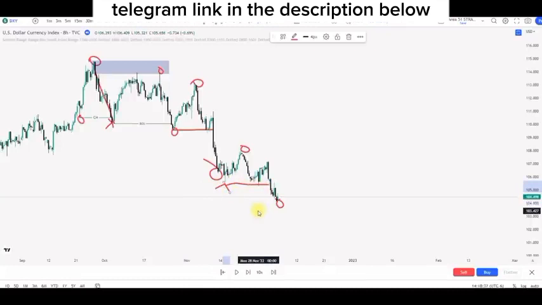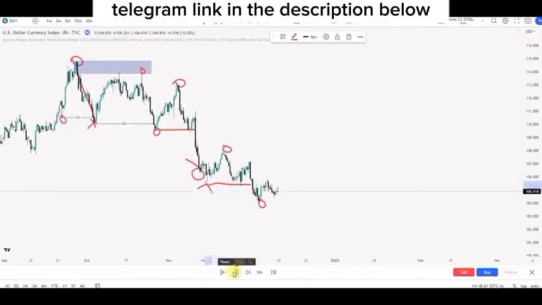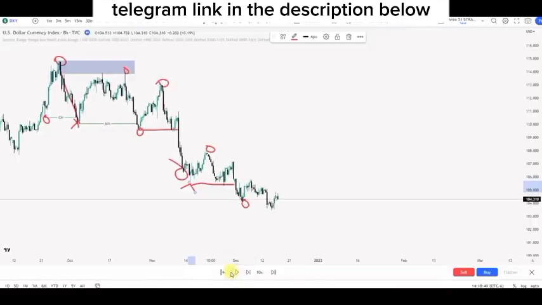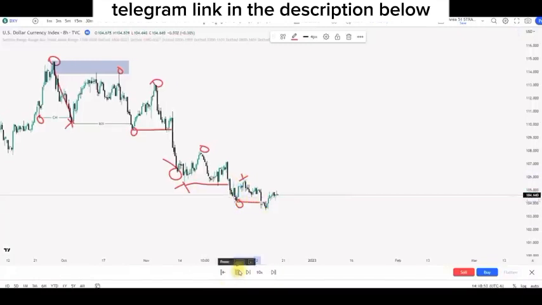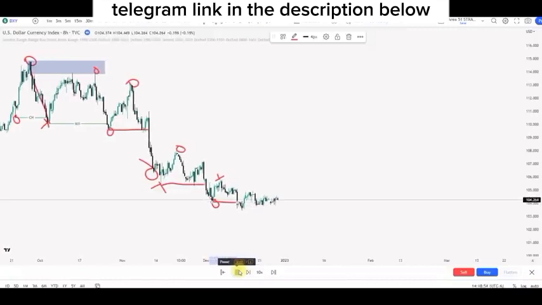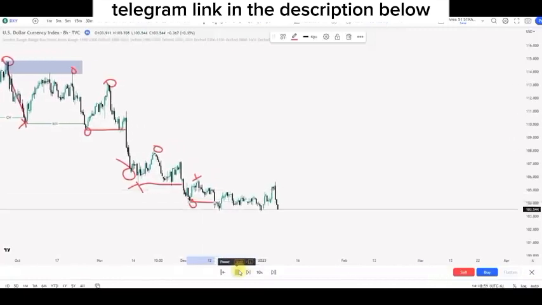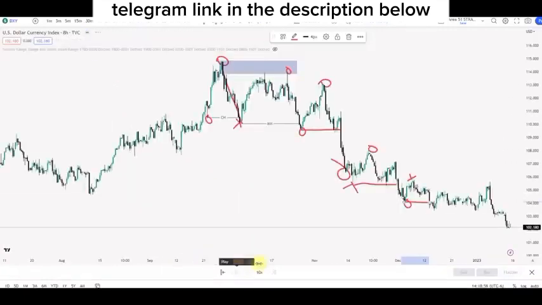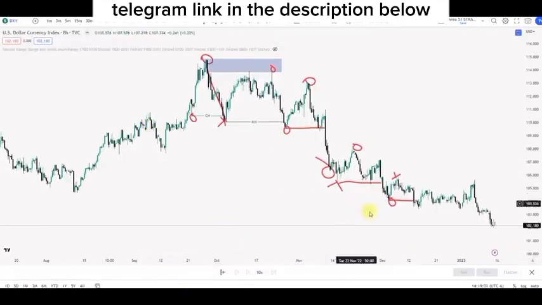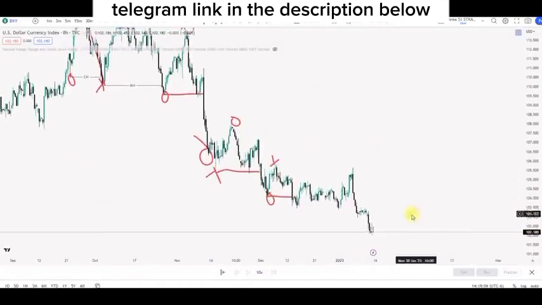Still we are in a downtrend. We have another lower high breaking this structure here. So you can see we are still in a downtrend market.